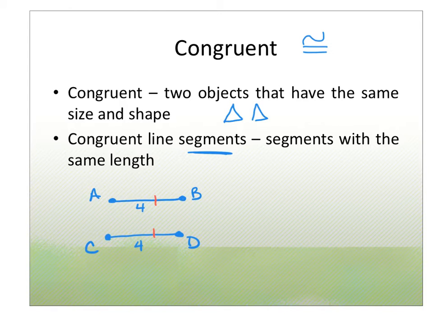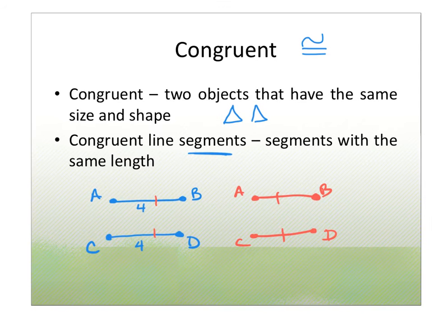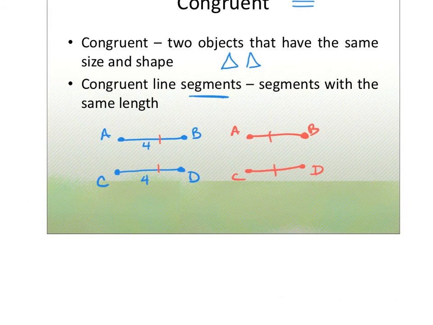This also indicates, so if it didn't have numbers, let's say it was just a line segment and a line segment, A, B, C, D. If it had these kind of markings, these are congruency marks, and you could also tell that they were congruent by those markings. So if I wanted to write a statement, I could say that segment AB is congruent to segment CD.